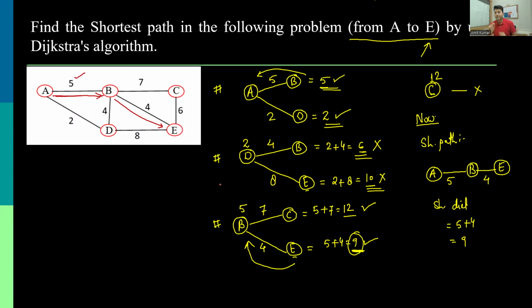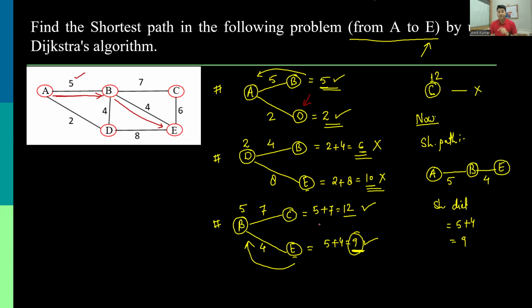First thing: if you see over here, in the first step, I selected the vertex D, and it is not in your shortest path. So the selection in these steps does not guarantee that the vertex will be included in your shortest path. Second thing, we are supposed to select the minimum out of all unselected weights.